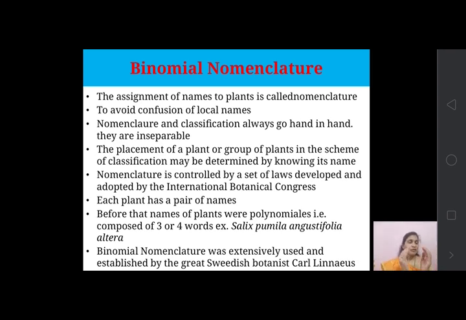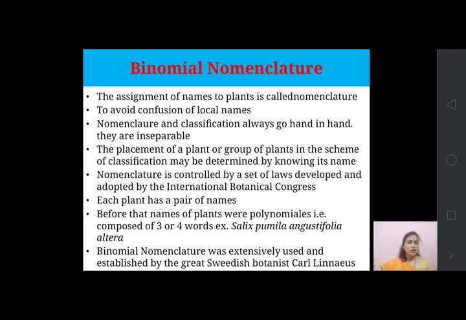It is very difficult to remember these 4 names of a single plant. If there are one or two words we can remember them, but a long name we can hardly remember.